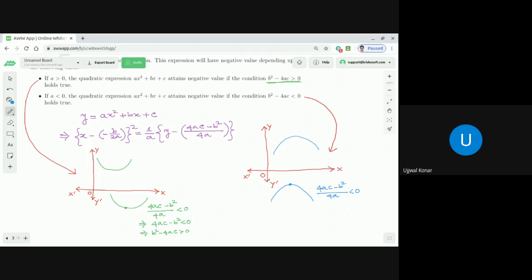Then the sign of inequality will get changed. So that implies what? We will get 4ac minus b square is greater than 0 since a is less than 0 in this case. This implies b square minus 4ac is actually less than 0, which I have written here, dear students.